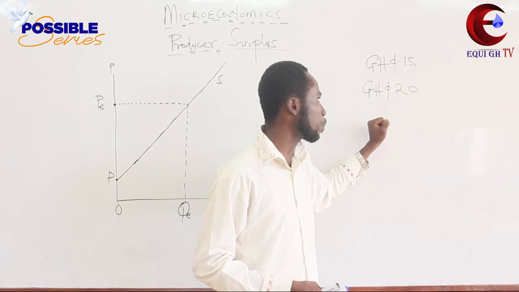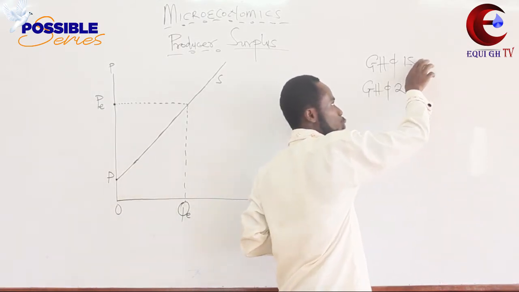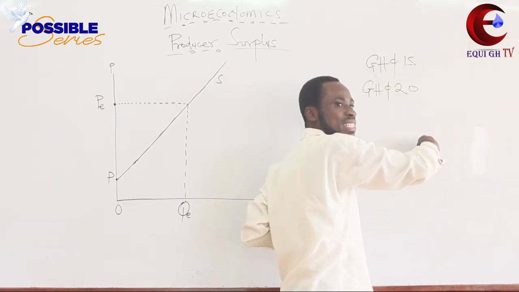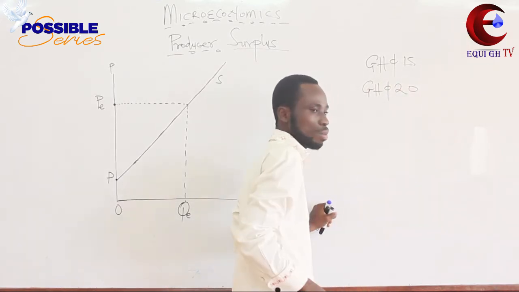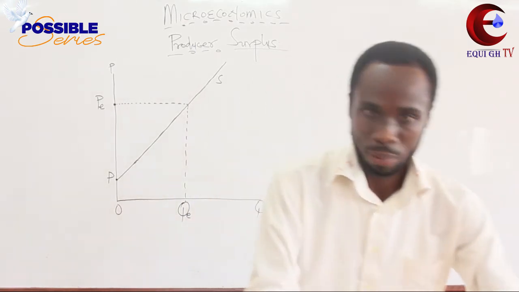So producer surplus is the difference between what the supplier was willing to sell on the market and what he has actually received from consumers, the people who bought the product. I hope it makes sense.